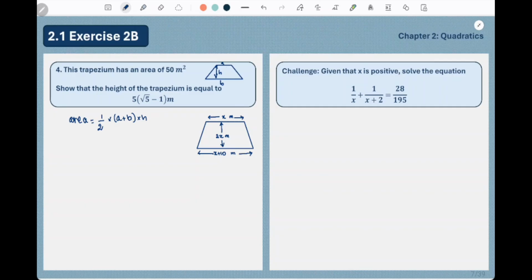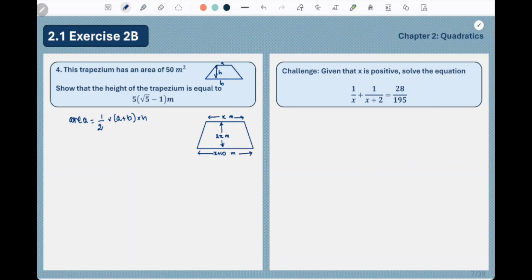So the question is, show that the height of the trapezium is equal to 5 square root of 5 minus 1 meters. We know the area on one hand, and we have the sides over here, where the height is 2x, A is x, and B is x plus 10.